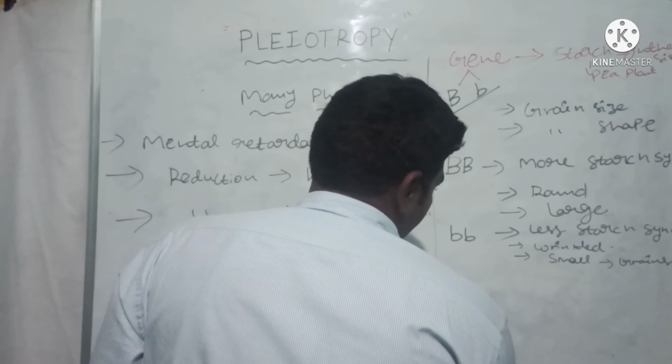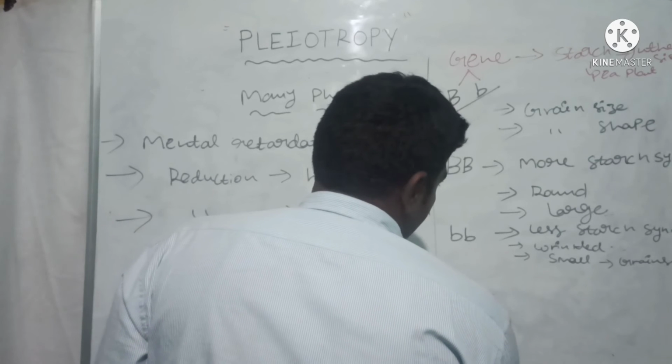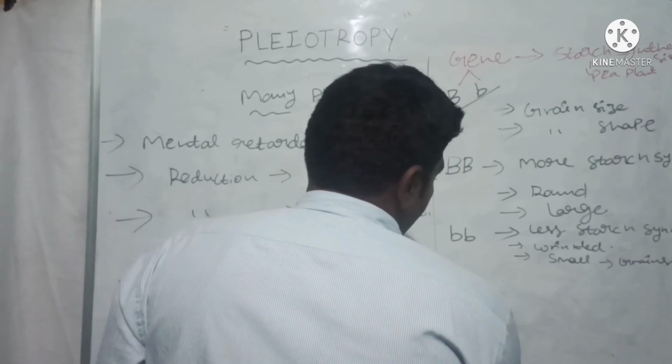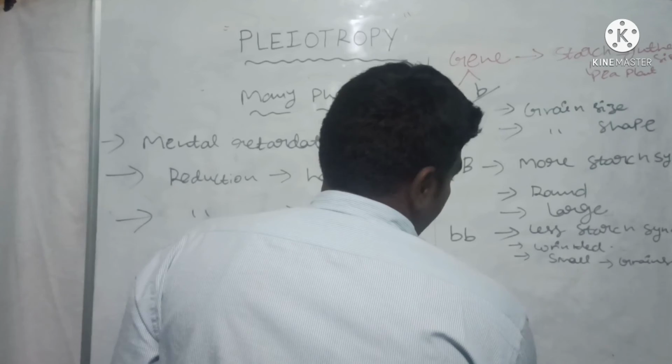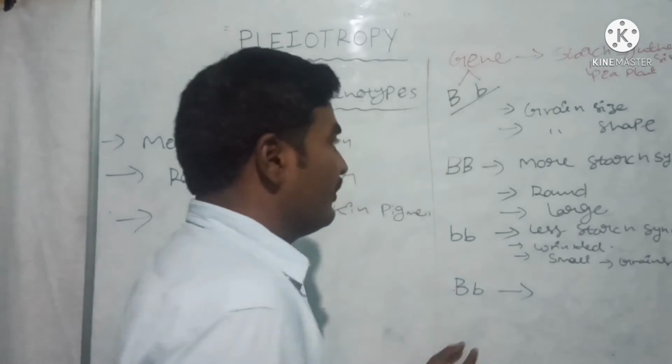Now, the possibility of capital B and small b. What is the variation here?